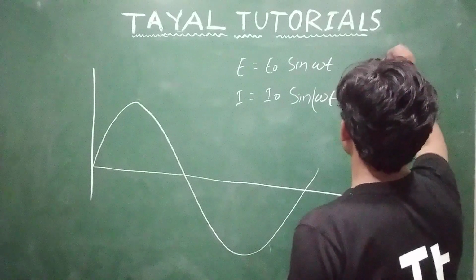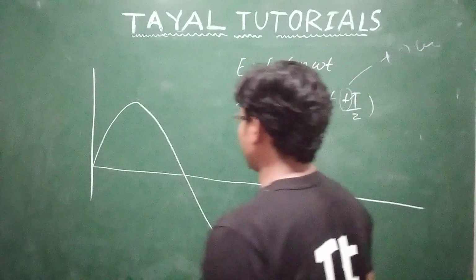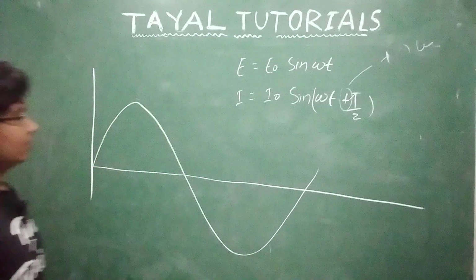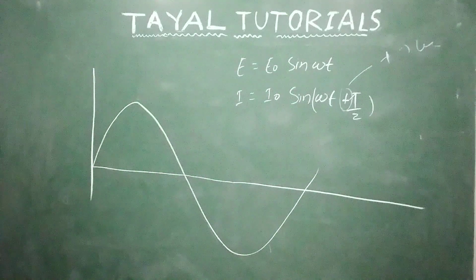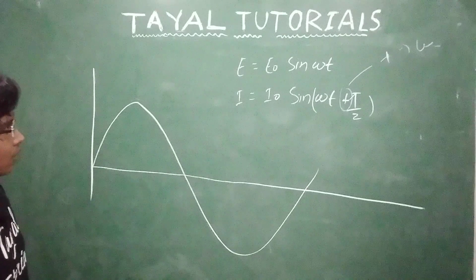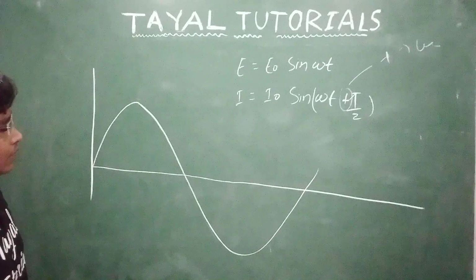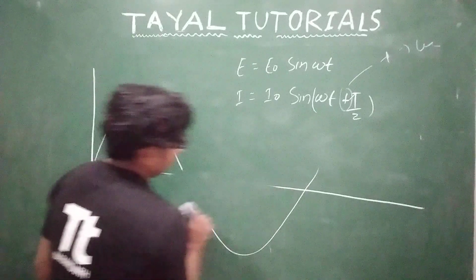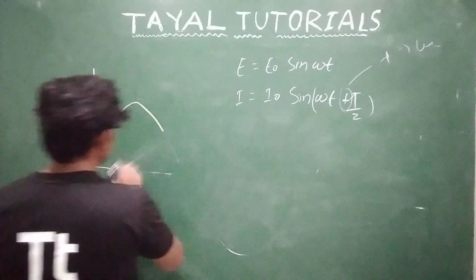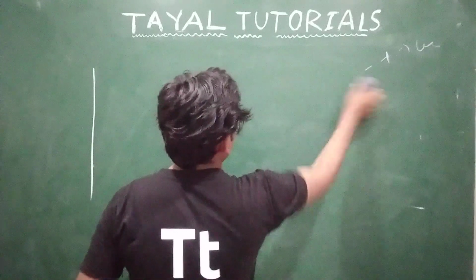This plus is the meaning of lead. What does lead mean? The current will be leading the EMF when a capacitor is being supplied with your AC source. Let me correct this diagram, it's not looking very proper.